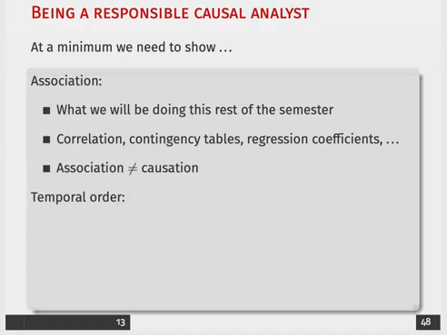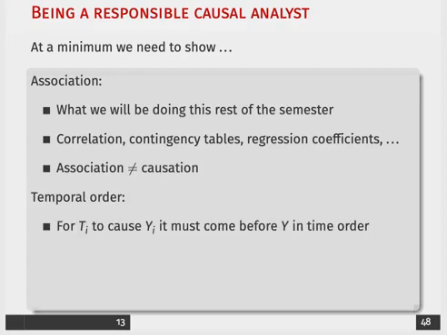In the absence of an experimental design, we will rely on temporal ordering in addition to associations to promote or enhance the notion that we are trying our best, even though the data doesn't necessarily allow us to make some sort of causal statement, or at least cross off different mechanisms that may impact our ability to make a causal statement.